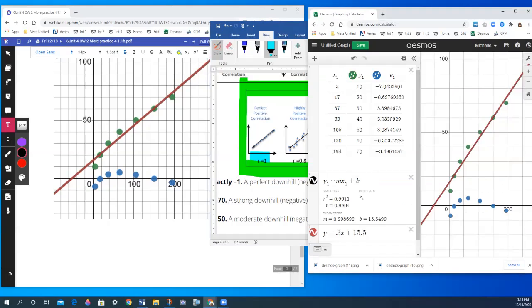So again, when we're looking at this R, which is 0.9804, that is close to 1, okay? And so that is a strong correlation coefficient. So I am just going to actually snag this here.